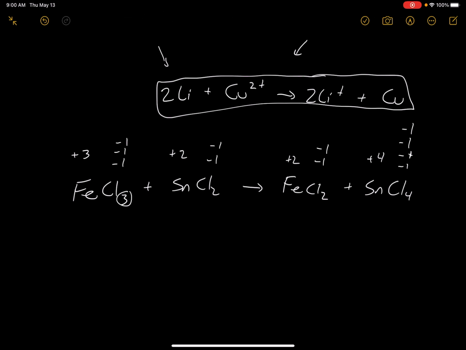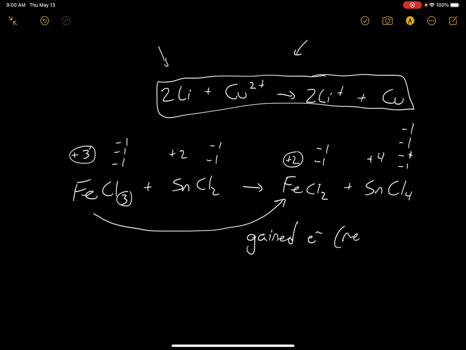Now we just have to look to see, is something losing electrons and is something gaining electrons? So we'll look at iron. Iron went from a +3 charge to a +2 charge, and so that means it gained electrons, and that is reduction.